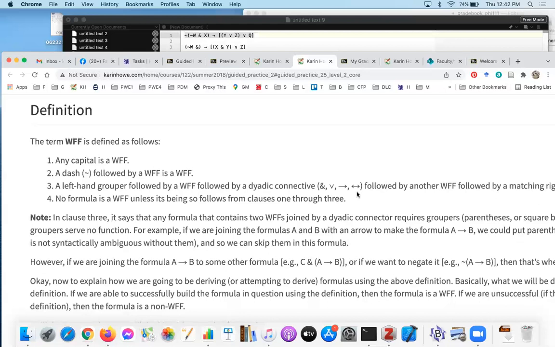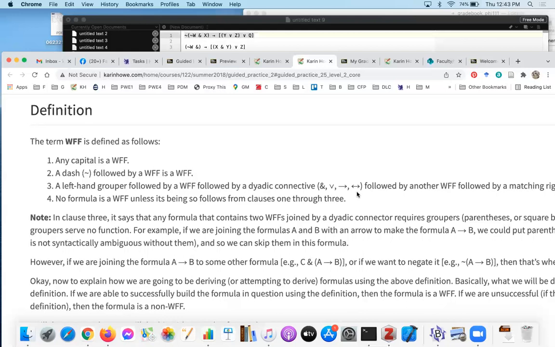Okay, so now let's see how we're going to use this definition to try to derive a formula. I'm calling it a derivation. It's not really a derivation, but it has definite similarities with what we will see later when we do proofs. Basically, we're trying to build the formula up piece by piece.